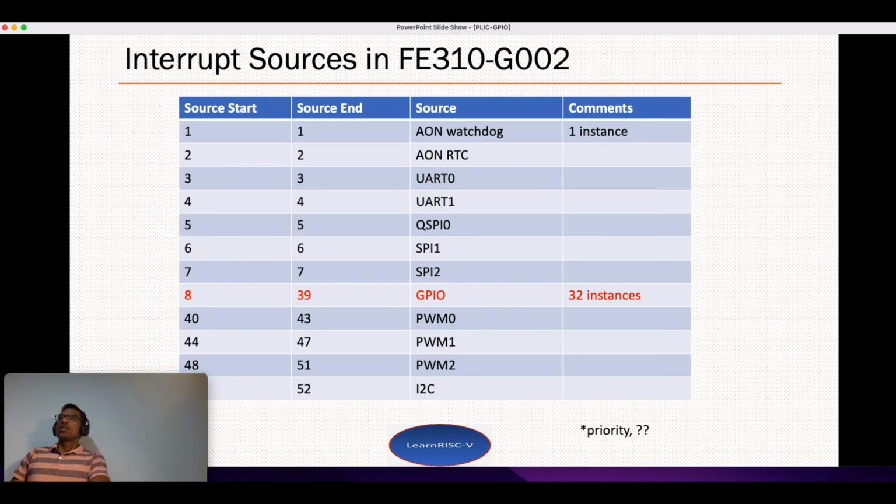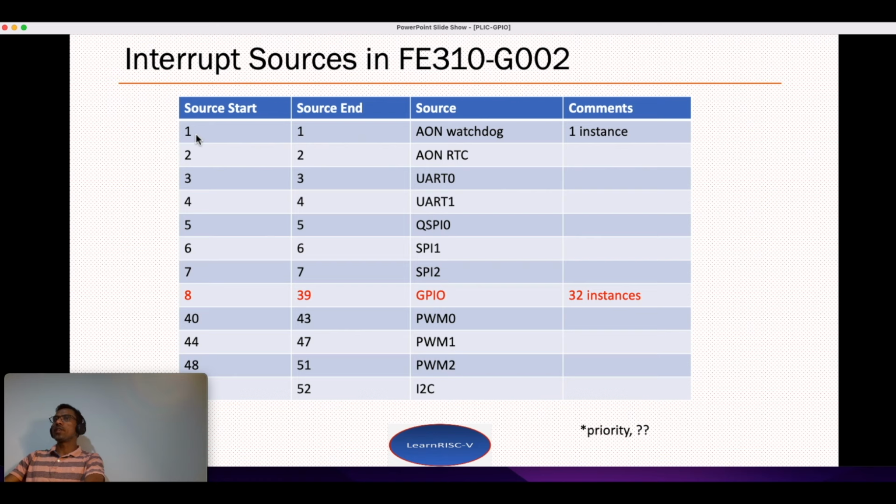Okay, so in the case of FE310 RISC-V core, these are all the interrupt sources, if you can check from the manual. So as you see, each peripheral has been given a source. There is only one interrupt here, so it can be always on.